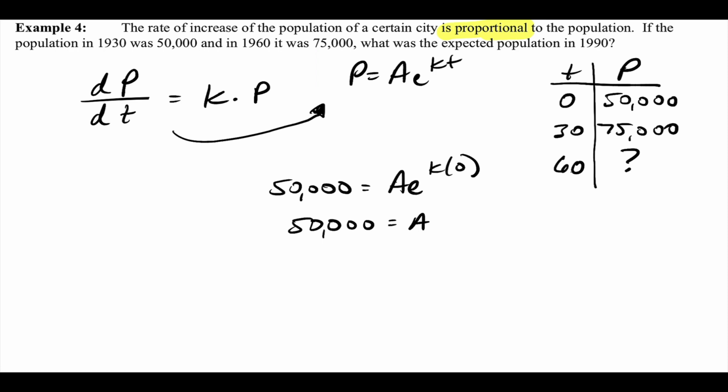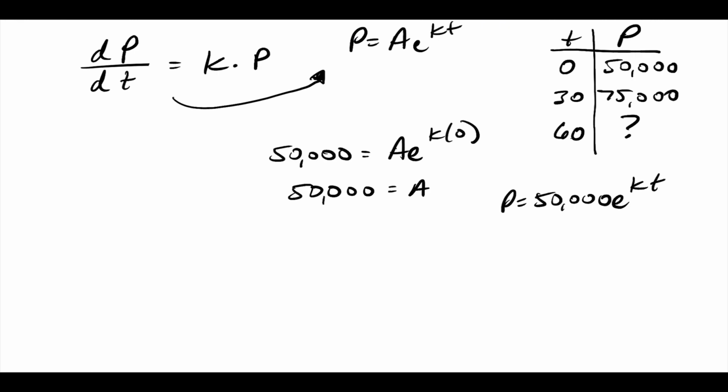So far we have P equals 50,000 e to the KT. Plug in the next one.